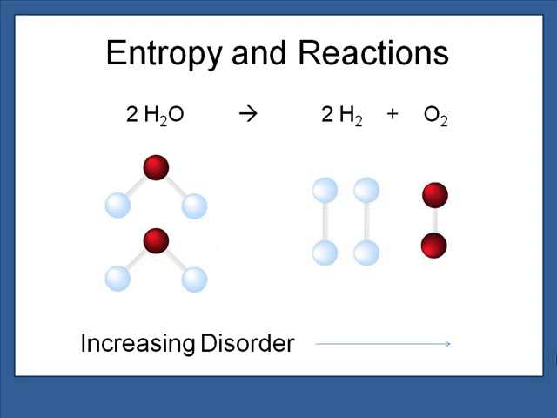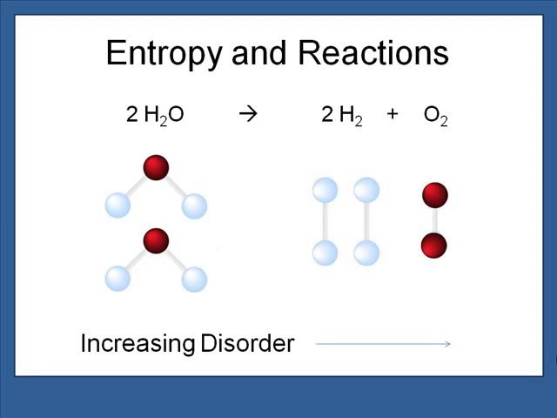If we start with two molecules and we make three, being a greater number than 2, it means that our matter is now less organized. There's more disorder when we have 3 particles out of our 6 atoms than when we had 2 particles out of our 6 atoms. So that's one thing that we can look at as well.